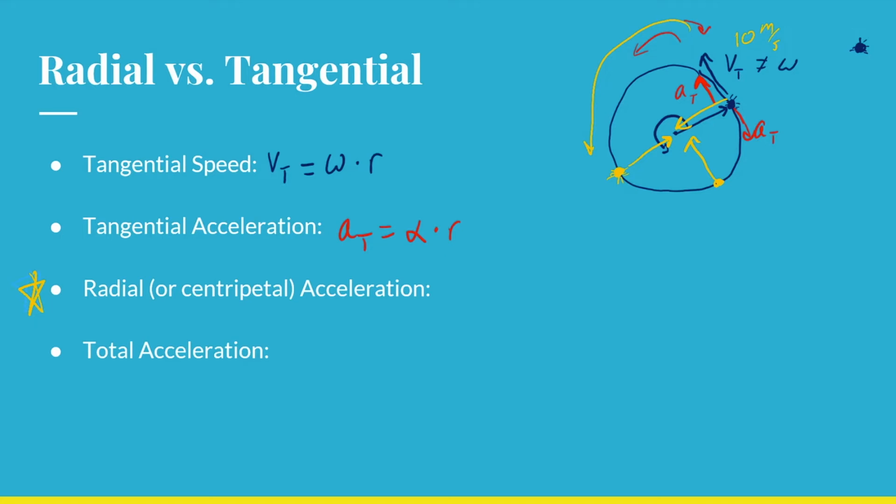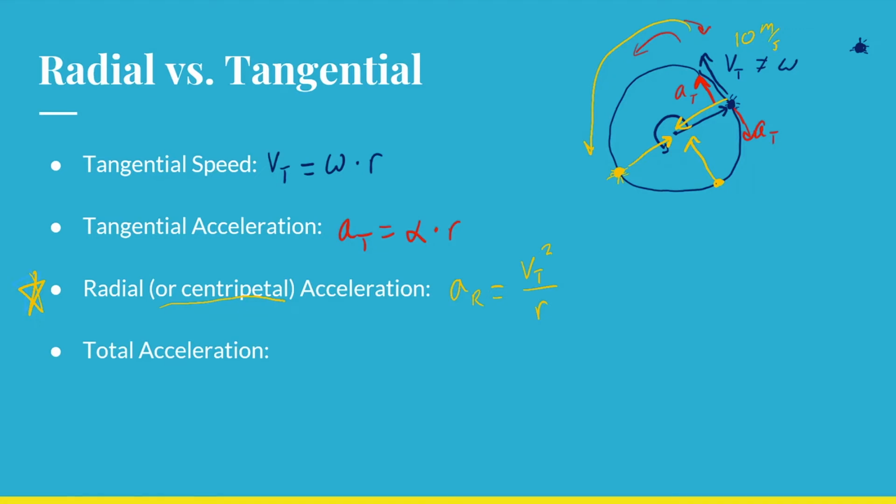So the radial acceleration. And oftentimes you'll see this right here. Sometimes it's called centripetal. You'll have to be able to know that these are the same words. The radial acceleration is equal to the tangential velocity squared divided by the radius.